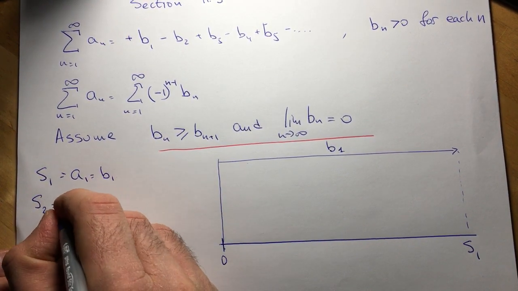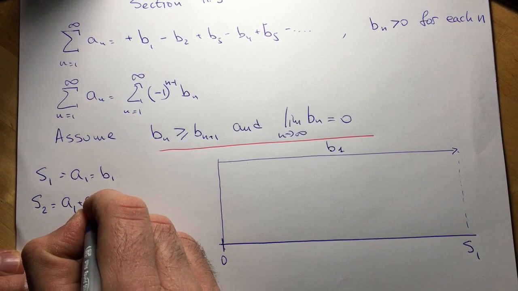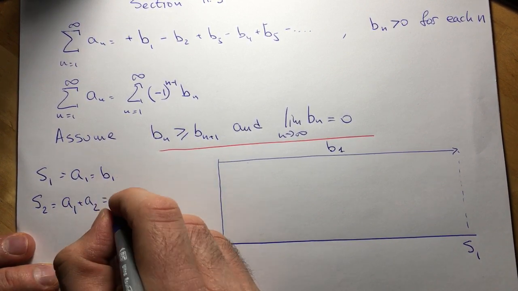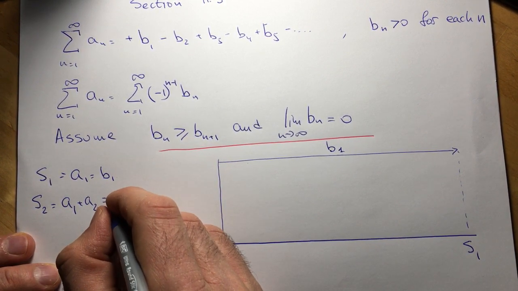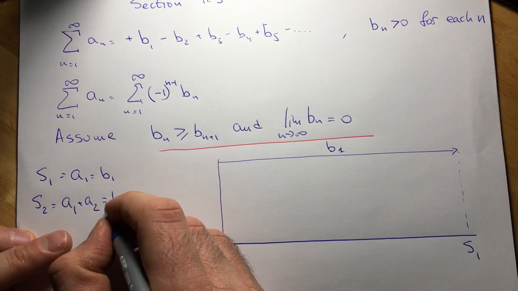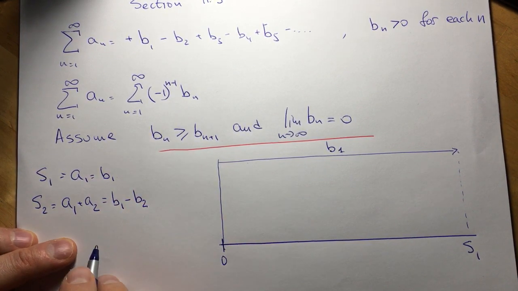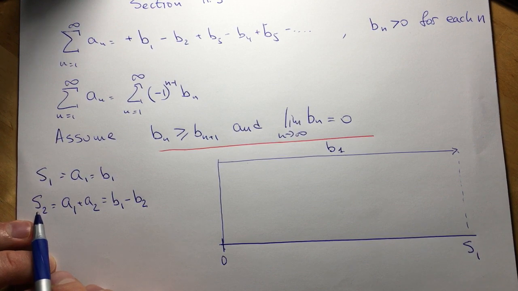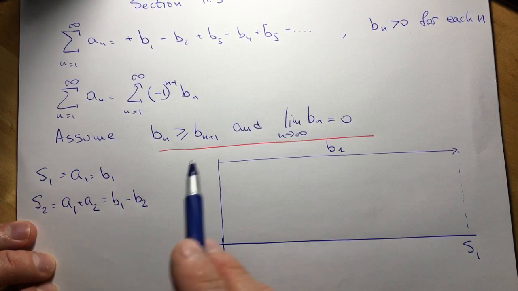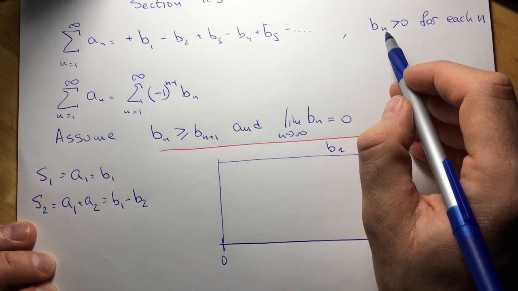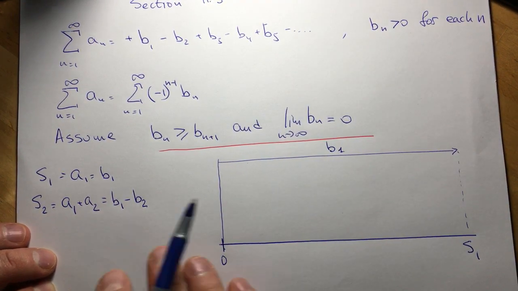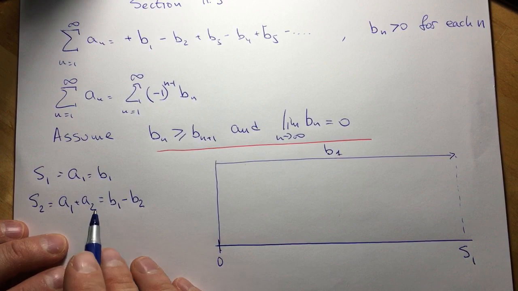Well, s2 is equal to a1 plus a2, which is going to be equal to b1 minus b2. Look at this: the second partial sum is less than the first partial sum, because remember that bn are all positive. Here I have a difference of two positive terms, so that means I'm coming back.